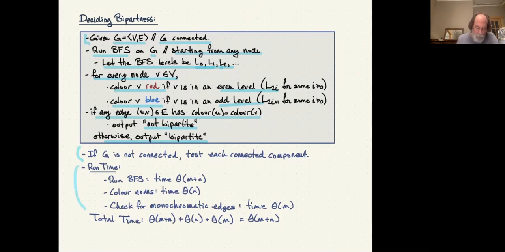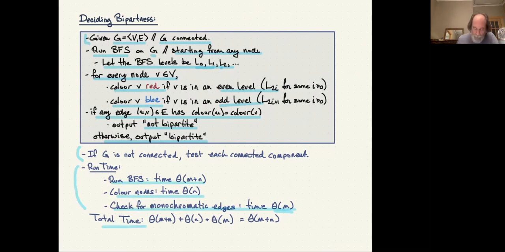For runtime, what do we have? Well, we have to run breadth first search, which takes time theta of n plus m. We have to cover the nodes. We can do that in time theta of n. And we have to check the edges to see if there's a monochromatic edge, and that takes time theta of m, right?